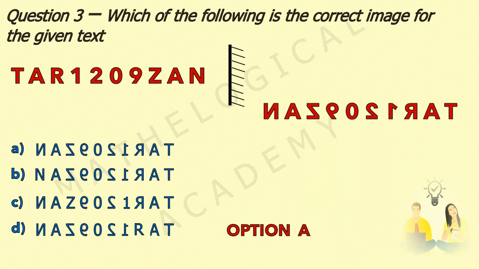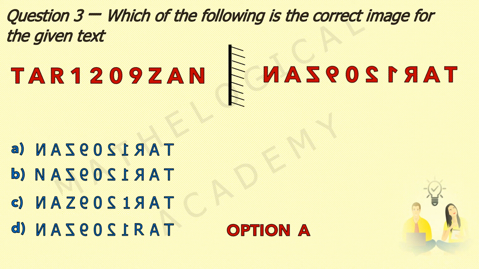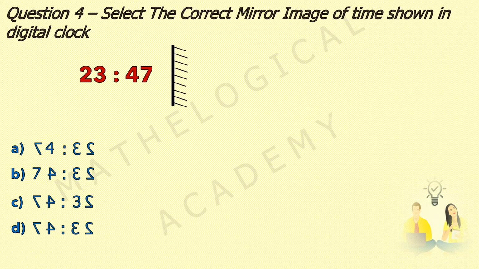Answer is option A. Select the correct mirror image of the time shown in the digital clock. Answer is option D.